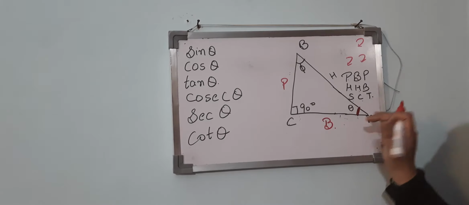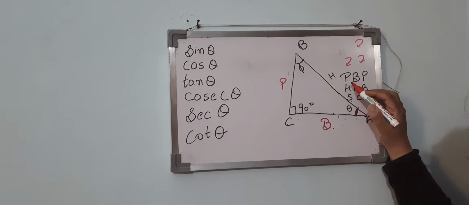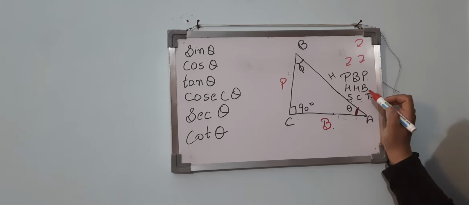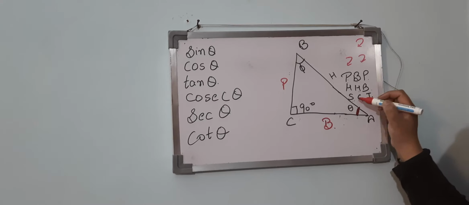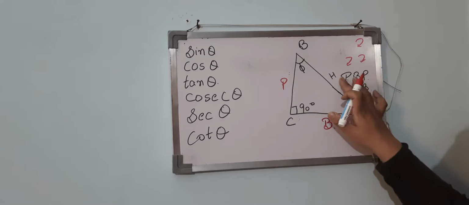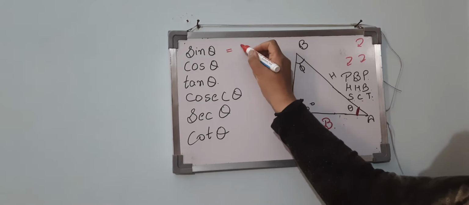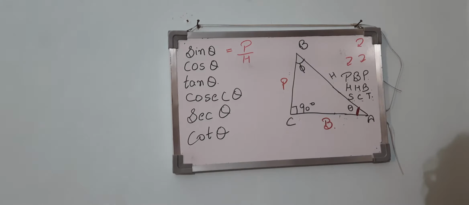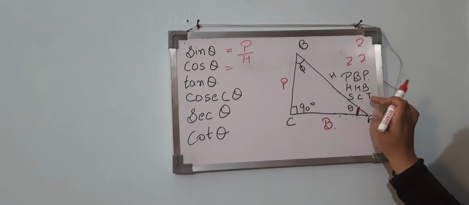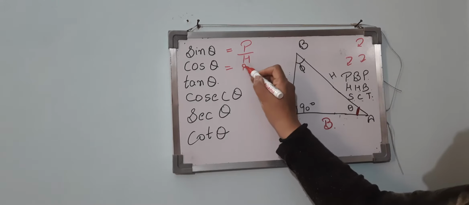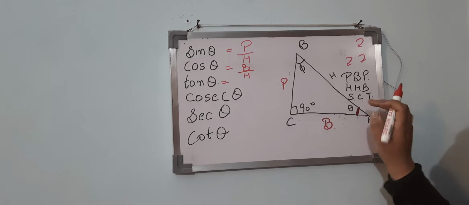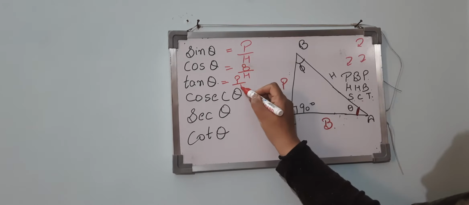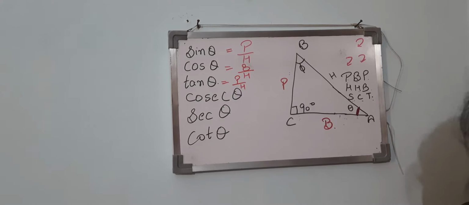So if we see sine theta, then sine theta is perpendicular over hypotenuse. Cos theta is base over hypotenuse. Tan theta is perpendicular over base.